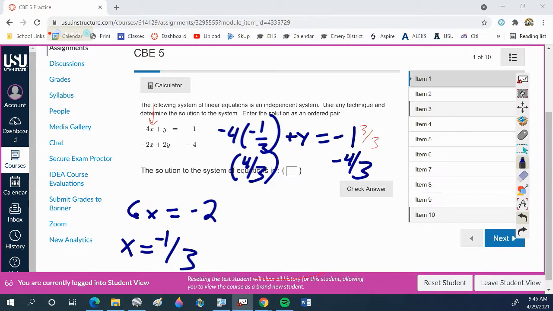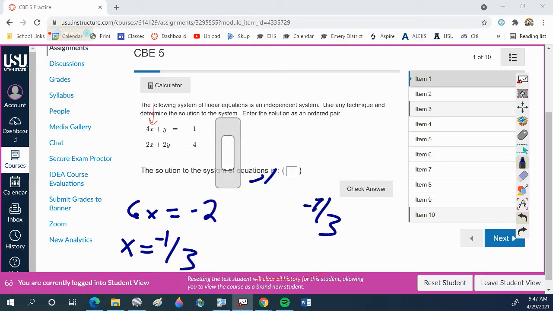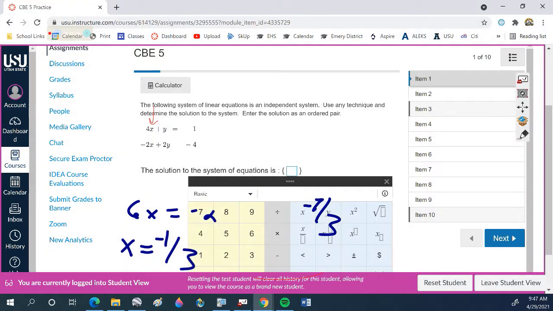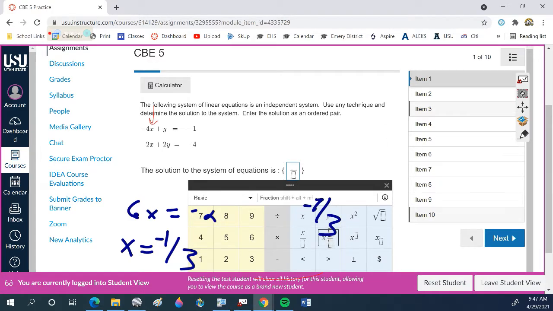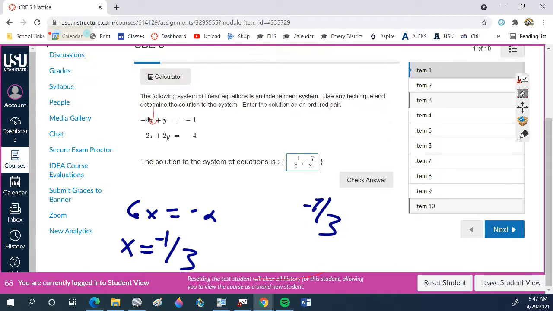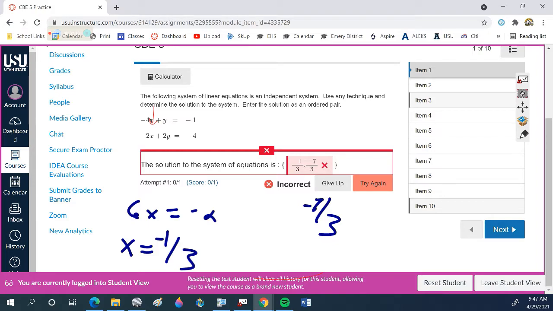So negative 3 minus 4 is negative 7/3. Let's see if I did that correctly. So negative 1/3 and negative 7/3. Uh-oh, what'd I do wrong?